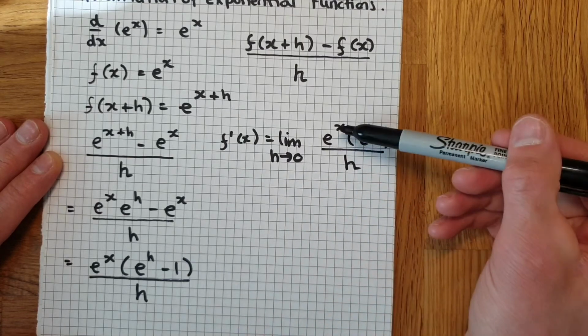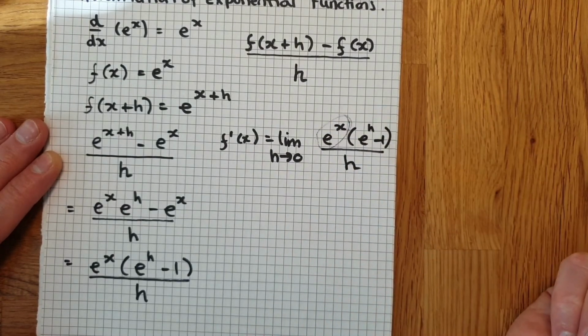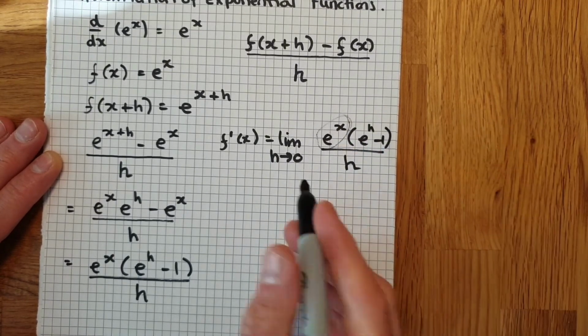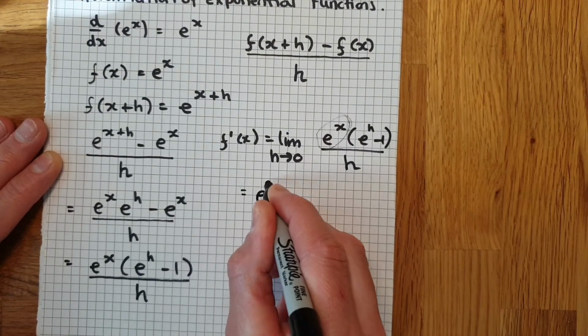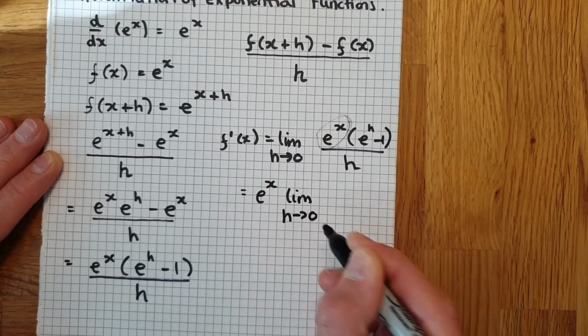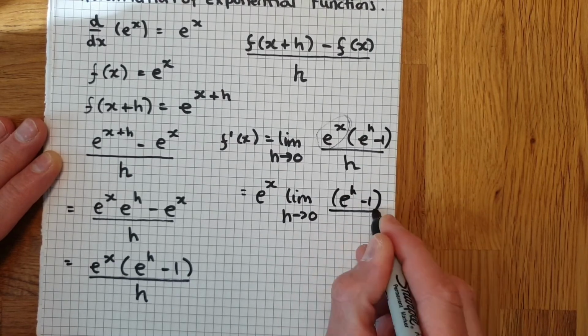Now, what we can do is take out this term and put it out the front, because whatever happens to h doesn't make any difference to this part. So it's e to the x multiplied by the limit as h tends to 0 of e to the h minus 1 over h.